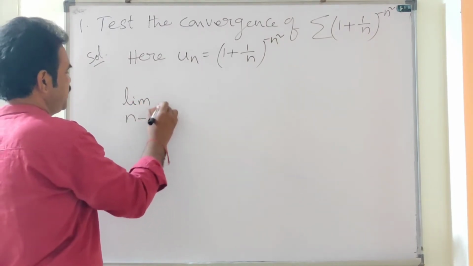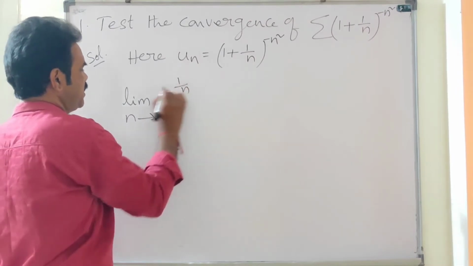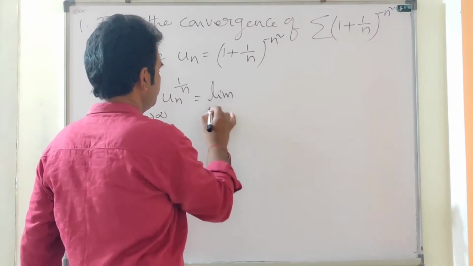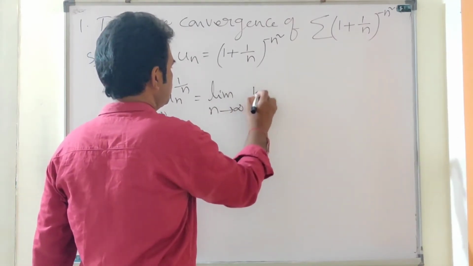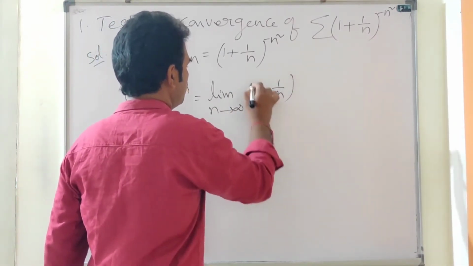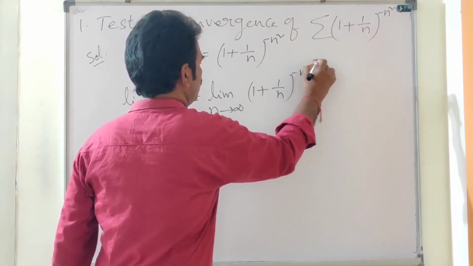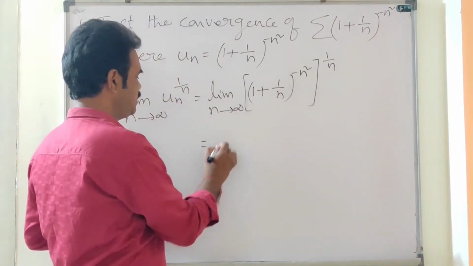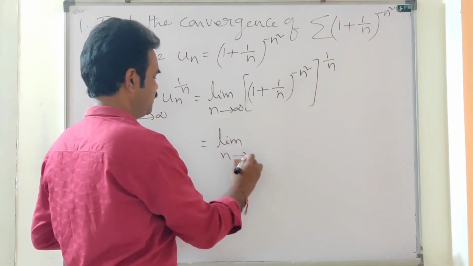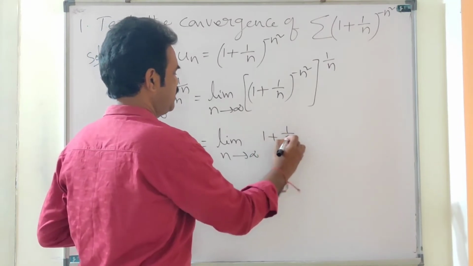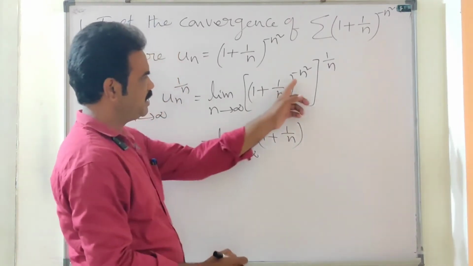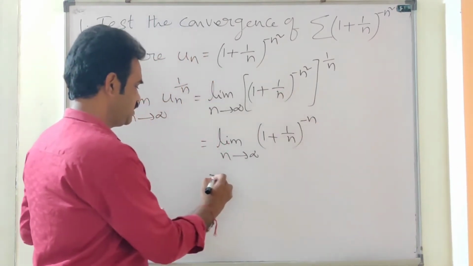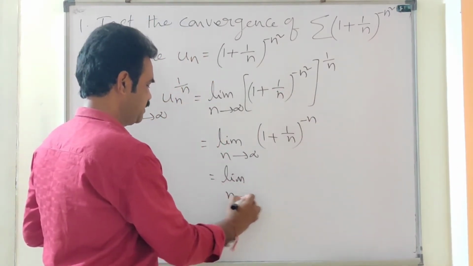Limit n tends to infinity, un power 1 by n, that is nth root of un, is equal to limit n tends to infinity, 1 plus 1 by n whole power minus n square whole power 1 by n. Okay, this is equal to limit n tends to infinity, 1 plus 1 by n whole power minus n square into 1 by n, that is minus n.